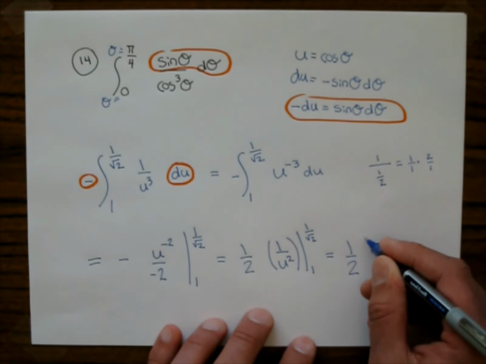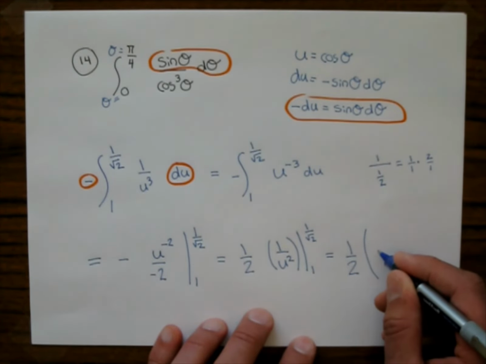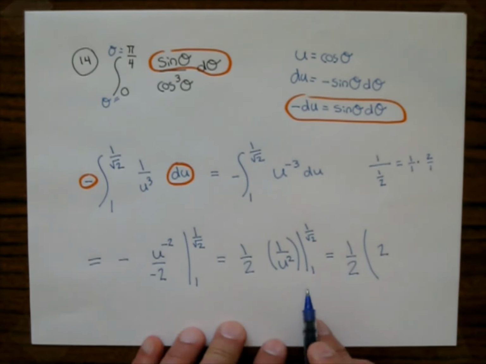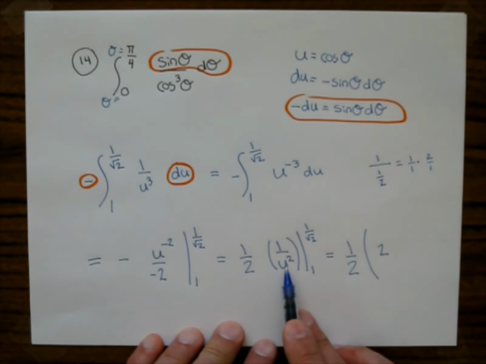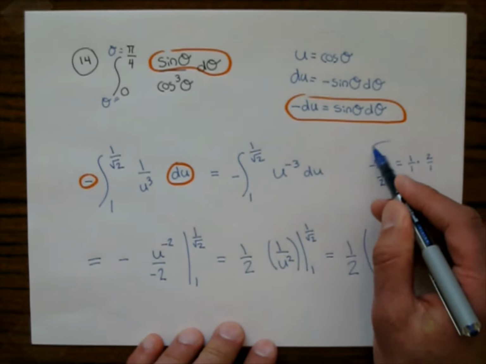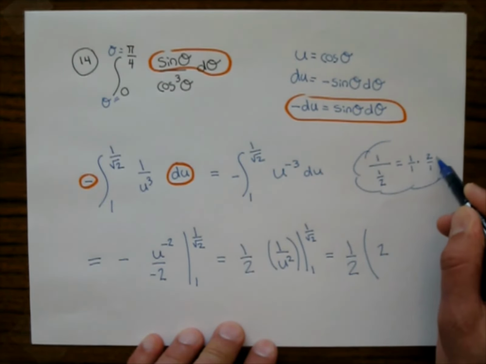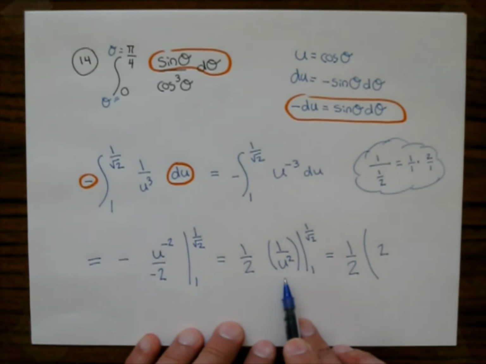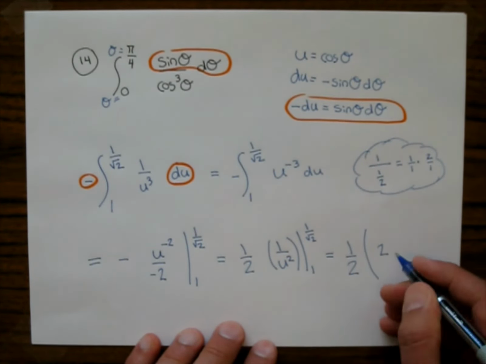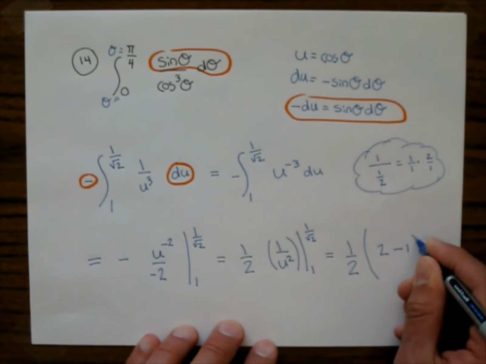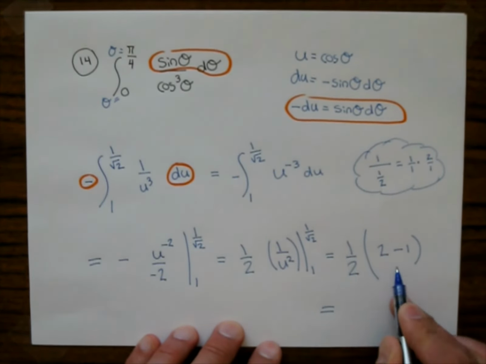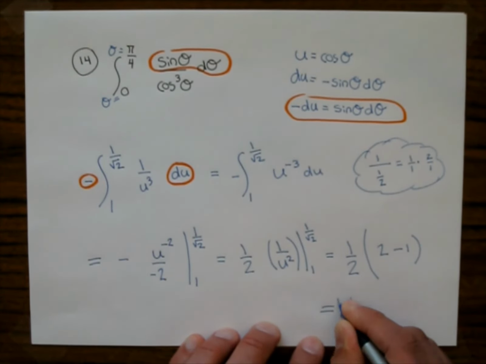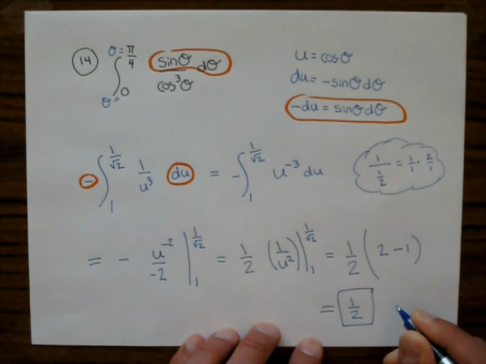So the first one I'm going to get is a 2. I'm plugging 1 over root 2 in there, and it's in the denominator. I did some work in this cloud over here. That represents my brain, or I don't know what it represents. And then I put 1 into this function, and I just get a 1. And then the fundamental theorem of calculus says we subtract. We end up getting 2 minus 1, which is 1. 1 times 1/2 is 1/2. That completes problem 14.